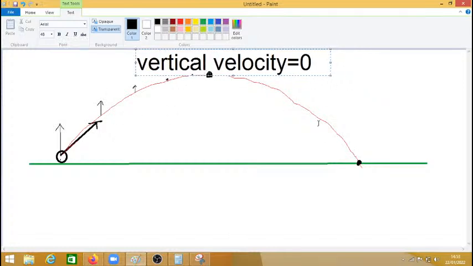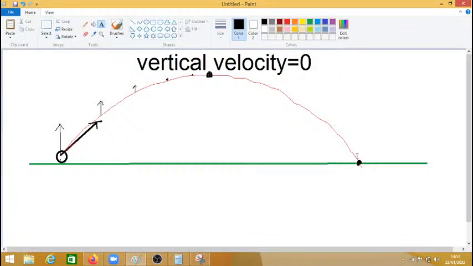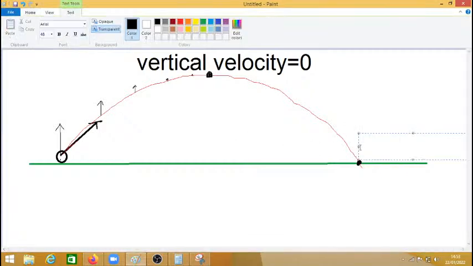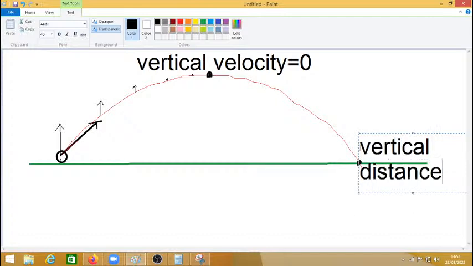And that's the key to these kind of questions that you're going to face where you've got the ball going in this motion. How are you going to find anything about the distance or the time it takes? The key is to know that right in the middle, the vertical velocity is equal to zero. And then what else do we know? When it reaches back to the ground, we know that the vertical distance is equal to zero again.